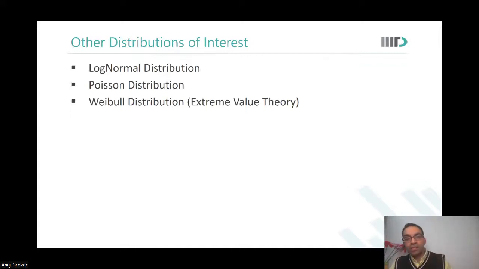Suppose you're working on leakage control, then you have to take care of things by using log normal distribution. Suppose you're talking about gate dielectric breakdown, then I would want you to work with Weibull distribution and extreme value theory. But as VLSI designers, if you want to do some research and good design work, it is important that you are comfortable with these few but very important distributions that are fairly commonly used in VLSI design.